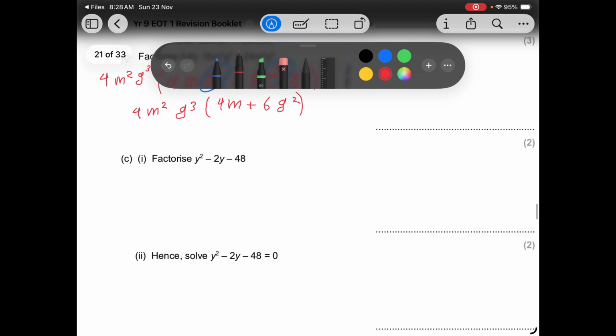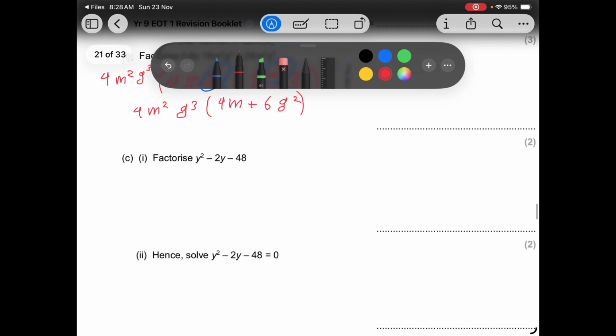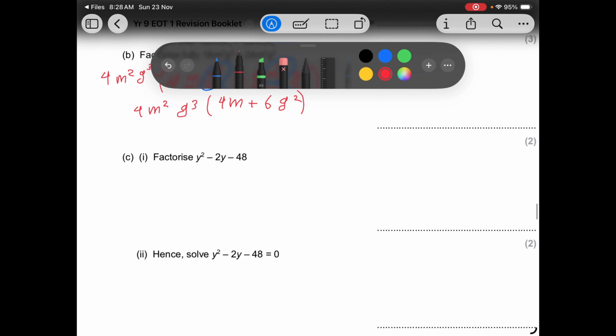Here factorize fully. First of all, guys, this is not equation, this is expression. Why this is expression? Because there is no equal sign here, so it is not equal to something. Okay, this is expression, quadratic, and we call it monic. And monic here means that the leading coefficient, the guy here, y squared multiplied by a number, and this number is 1.